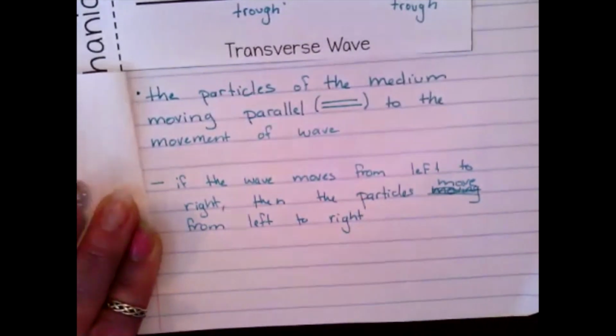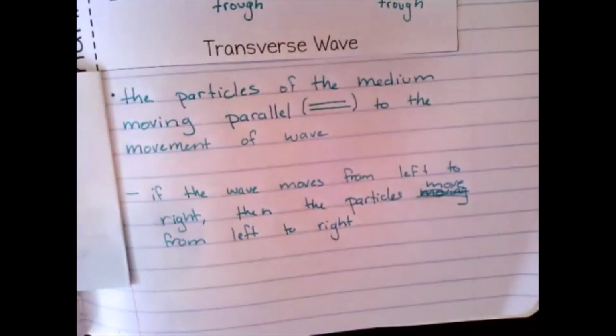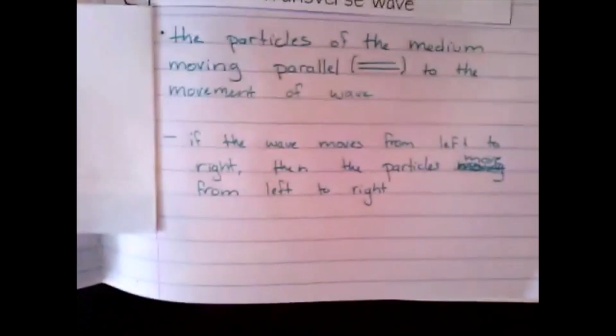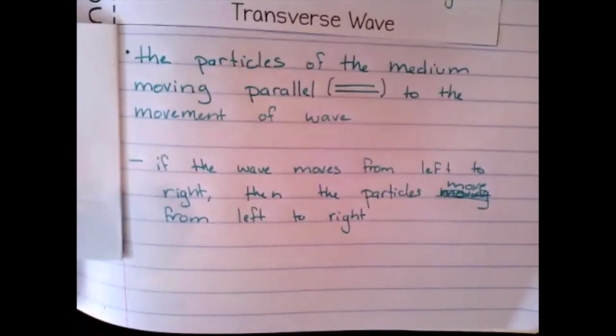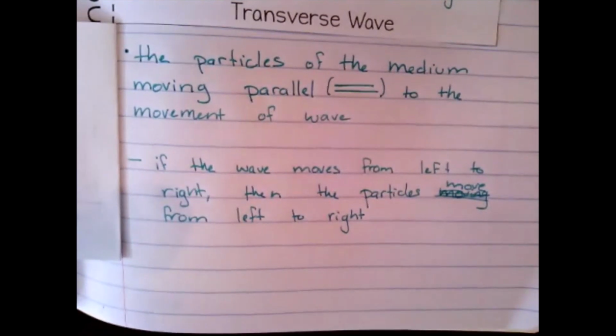Obviously, if the wave is moving up and down, then those particles are moving up and down. Charlie, did you have a question? Yes. So would this be right? I said particles of a medium move in the same direction as the wave. Yes, so I'm looking for that parallel. You're going to hear me use the word parallel a lot. Have we done transverse waves? No, we started with longitudinal because it's the one that looks the funniest.